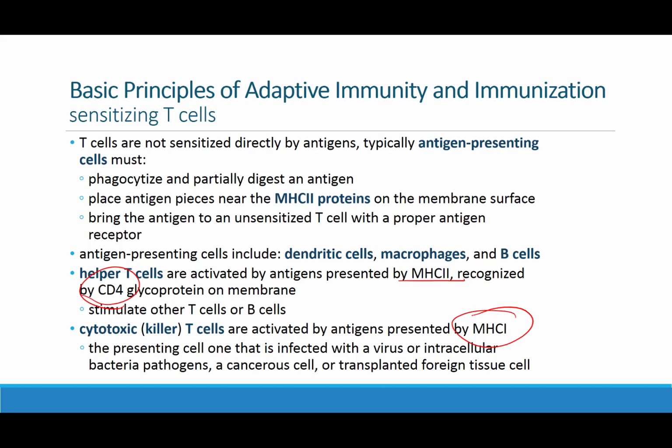Or it might be a cancer cell or a transplanted tissue cell. So cytotoxic T cells work against virus-infected or bacterial-infected cells, cancerous cells, and transplants, while the helper T cells tend to stimulate cells that are going to be making antibodies, like our B cells.